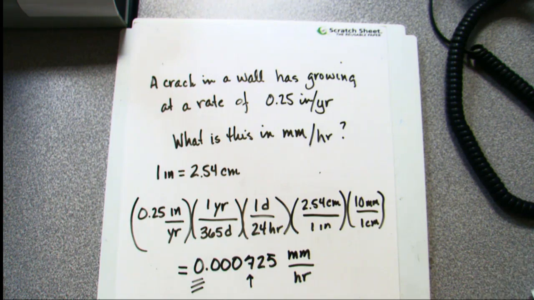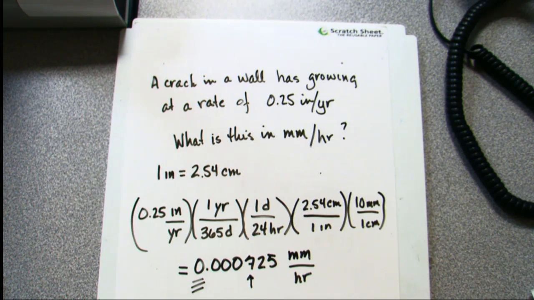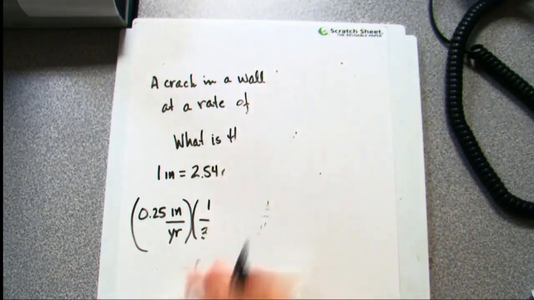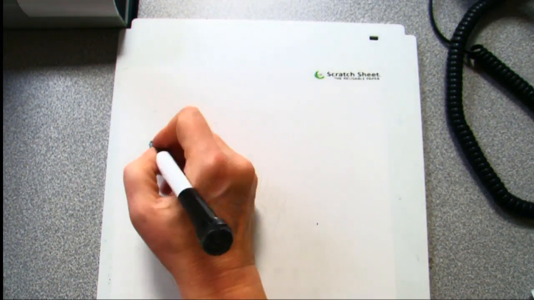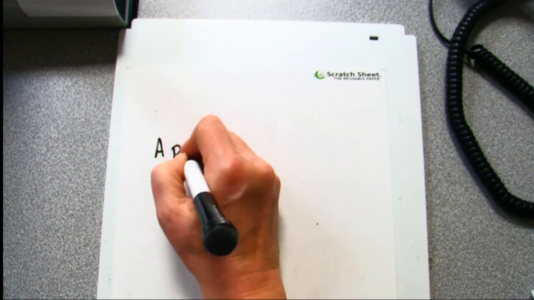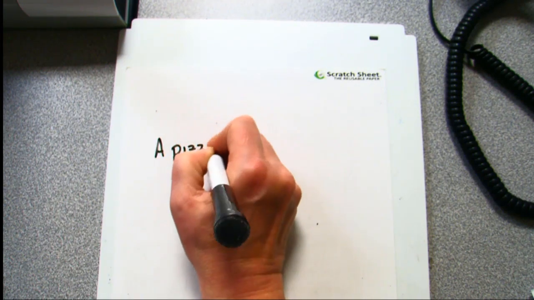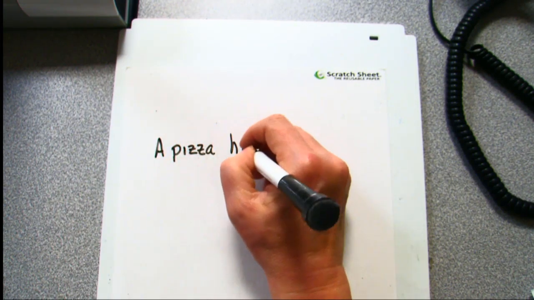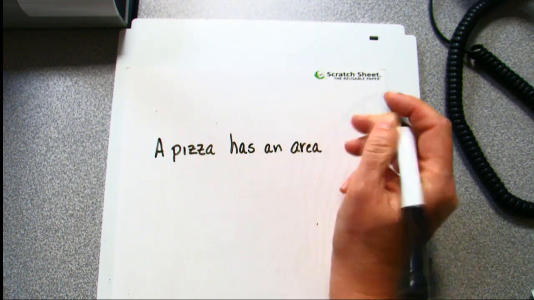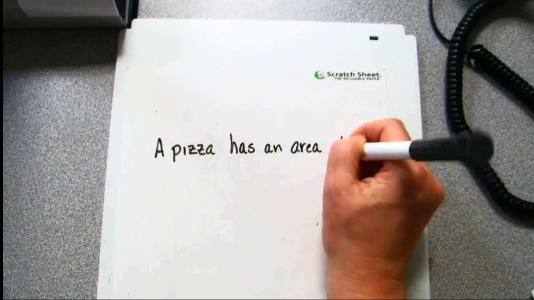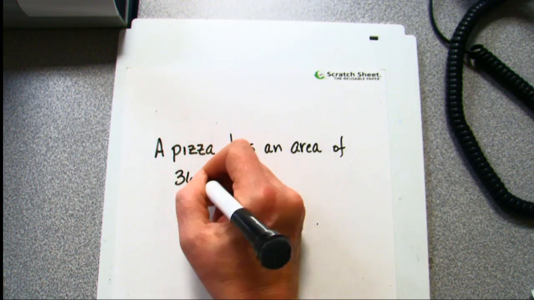So hopefully most of you don't have any trouble with conversions. But, you know, every first physics chapter refers back to conversions, so we'll do one. I've got a pizza that has an area of 36 inches squared.